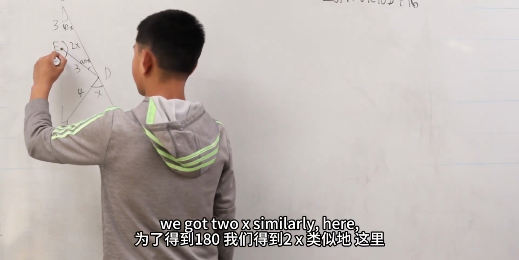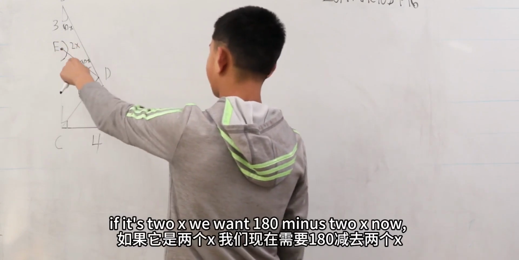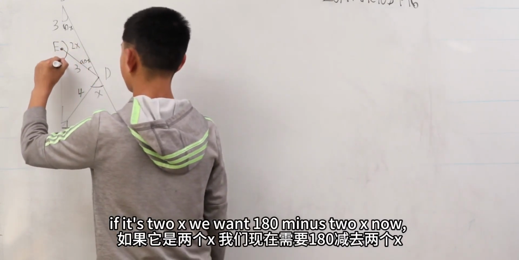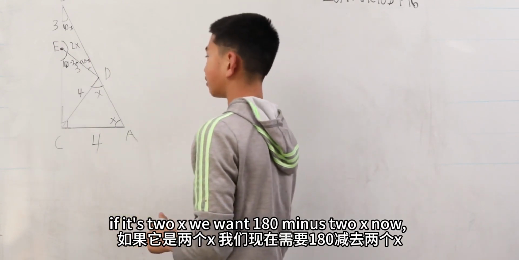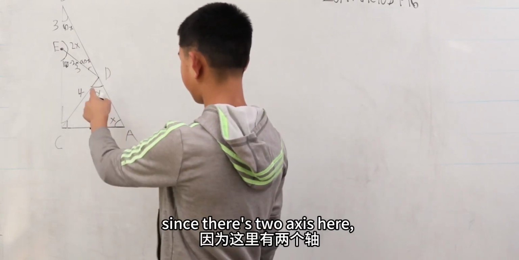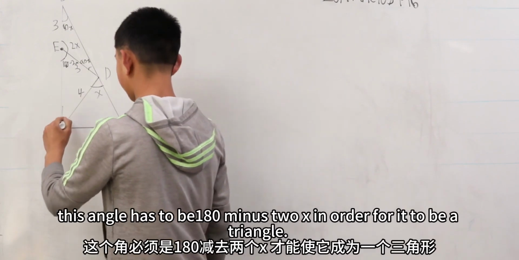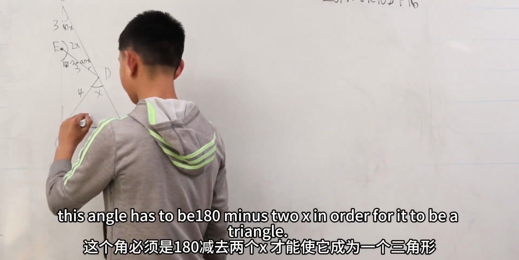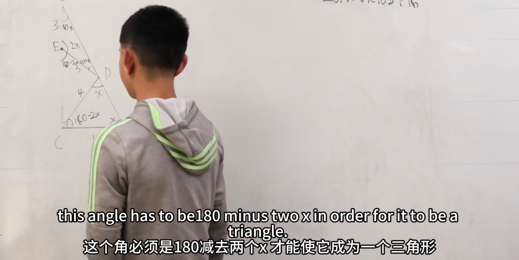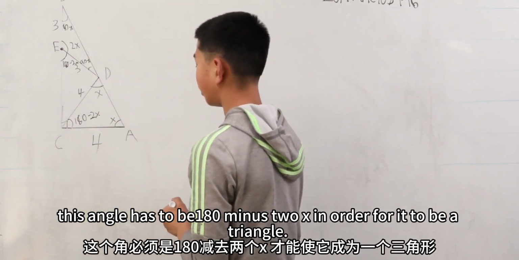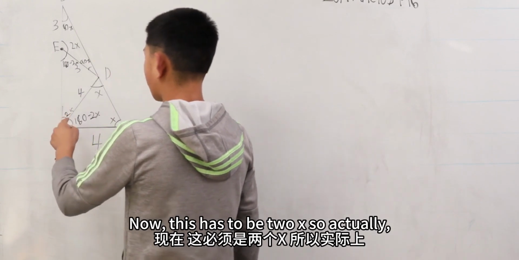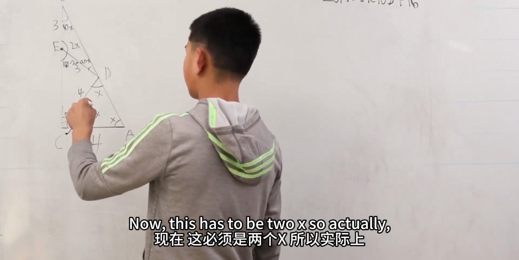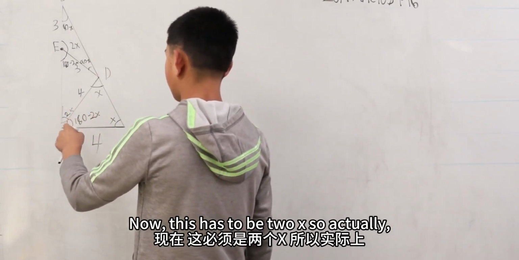And similarly here, if it's 2x, we want 180 minus 2x. Now since there are 2 x's here, this angle has to be 180 minus 2x. In order for it to be a triangle, this has to be 2x.